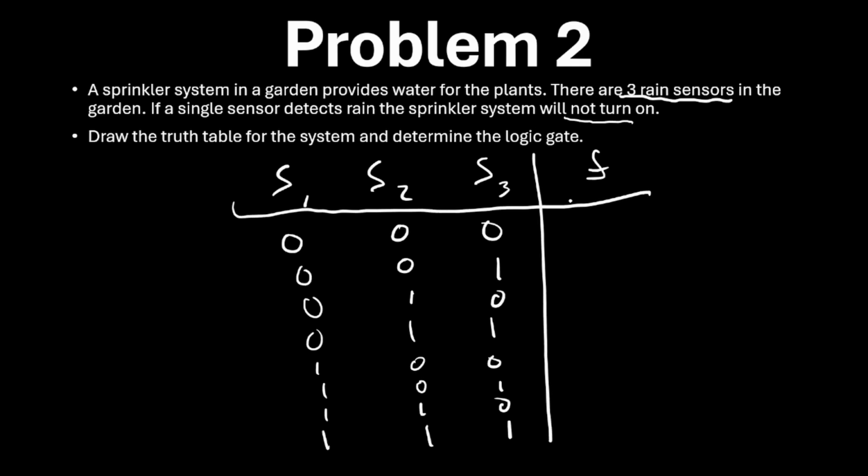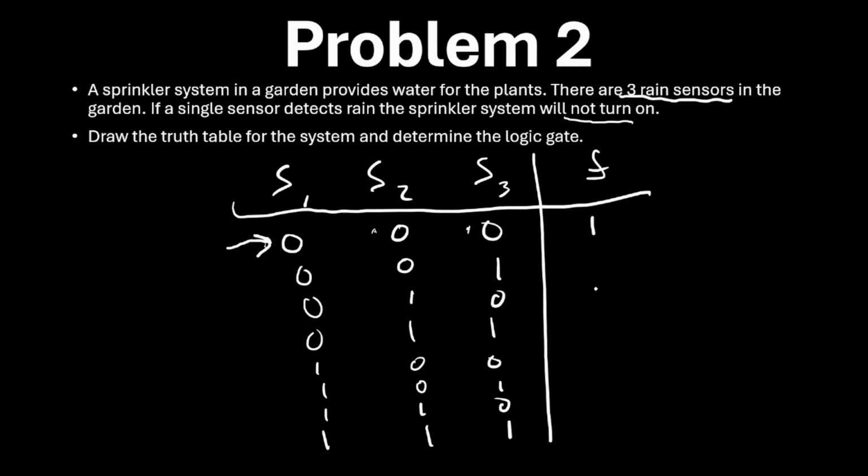Okay, so if any one of them detects rain, then the system will not turn on. So it turns on only when all 3 are not detecting rain. So in the first row, or row number 0, if you will, sensor 1 does not detect rain, sensor 2 does not detect rain, and sensor 3 does not detect rain, which means the system will water the garden, so it will be on.